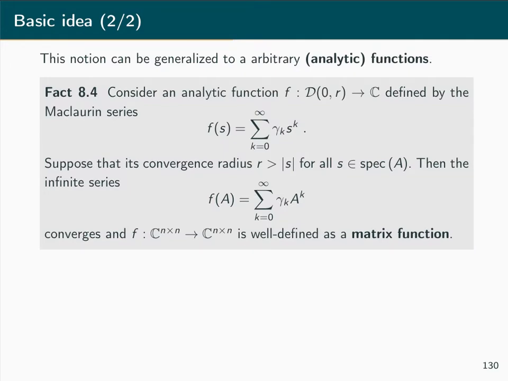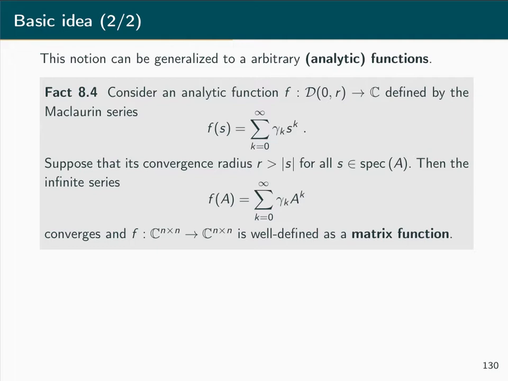This notion of matrix polynomials can now be generalized to arbitrary analytic functions of a square matrix, as shown in fact 8.4. So consider any scalar analytic function f, which, as we have seen, maps from some open disk in the complex plane into the complex numbers, and which has a corresponding Maclaurin series for some sequence of complex numbers gamma k.